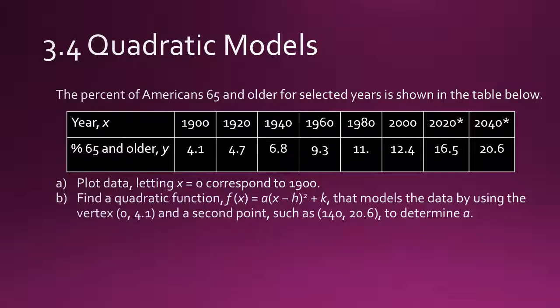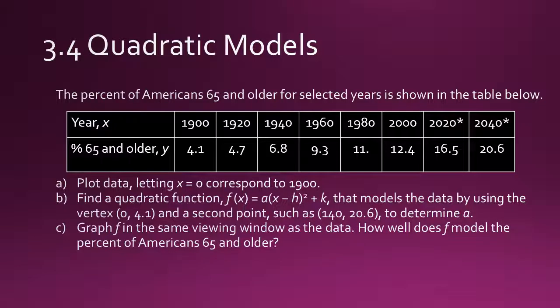We're then going to use 2 points, 0, 4.1 is the vertex, and 140, 20.6, or you could choose another point if you want for that one. And we're going to put it into f of x equals a times x minus h squared plus k, and figure out what a is and make a quadratic function that will possibly fit this model.